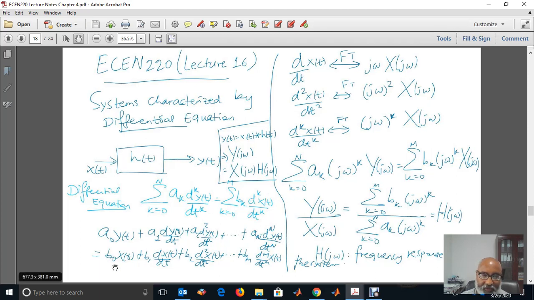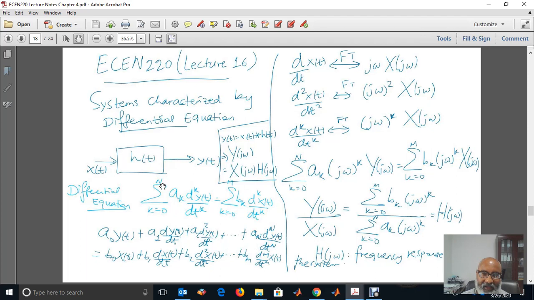When k is 0, b0 times x of t, plus when k is 1, b1 times the derivative of x of t, when k is 2, b2 times the second derivative of x of t, and continuing, and last, when k is m, b_m times the m-th derivative of x of t.